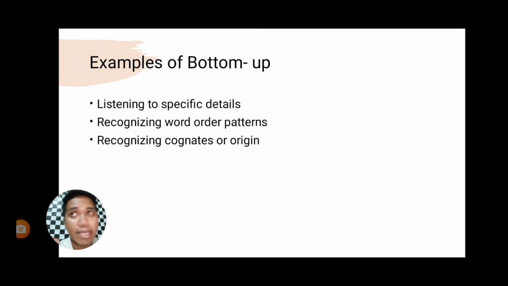You try to get the cognates or origin of that word in order for you to understand a certain text. Okay, recognizing word sounds. So bottom up has somewhat to do with recognizing word sounds.